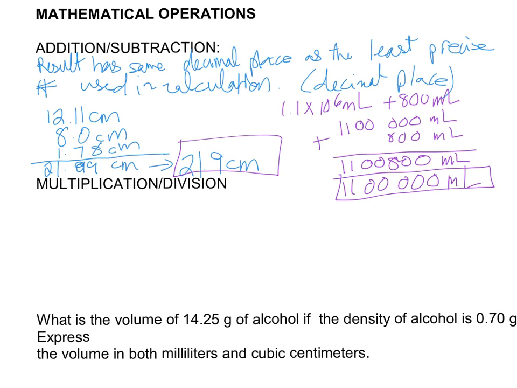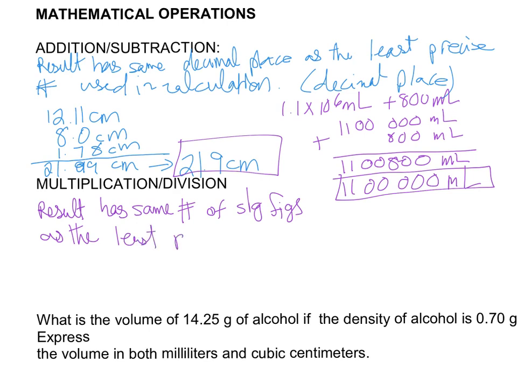Multiplication and division. So in multiplication and division, we don't care about the decimal place. What we care about is the number of sig figs. So the result here should have the same number of sig figs as the least precise number in the calculation.